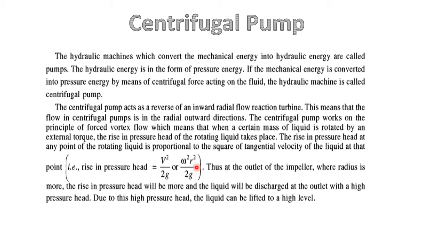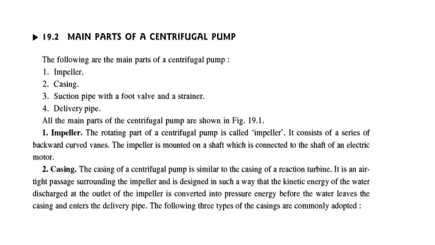At that point, the rise in pressure head will be equal to v²/2g or ω²r²/2g, where omega is the angular velocity of the fluid. Thus, at the outlet of the impeller, where the radius is more, the rise in pressure head will be more, and the liquid will be discharged at the outlet with a high pressure head.